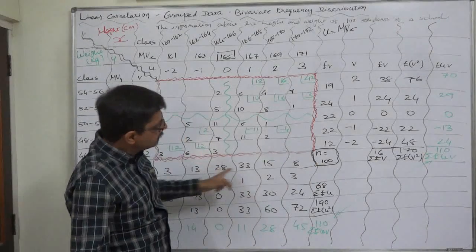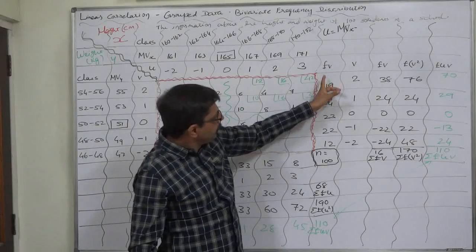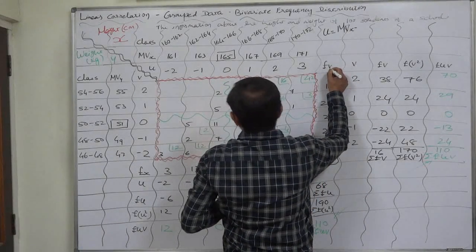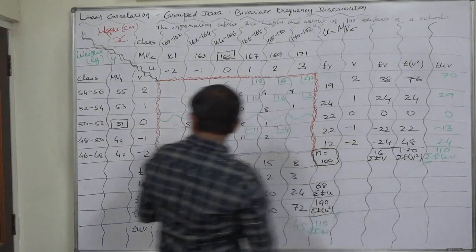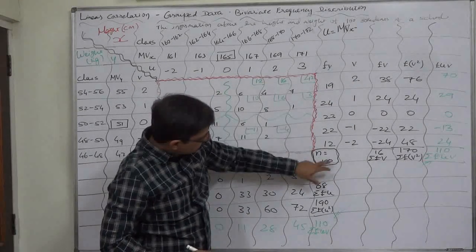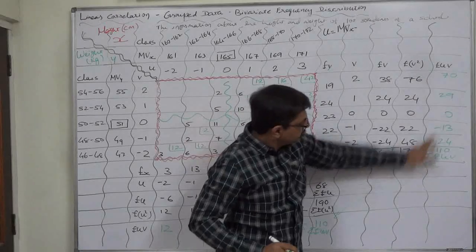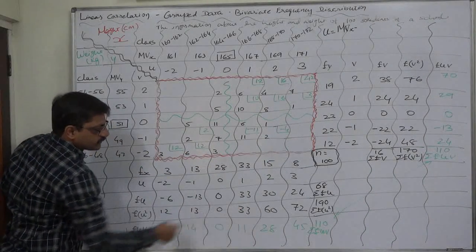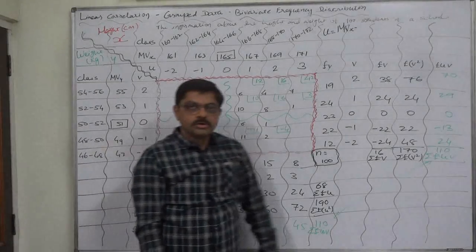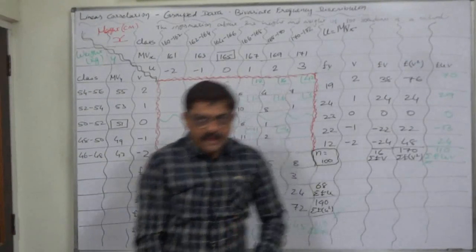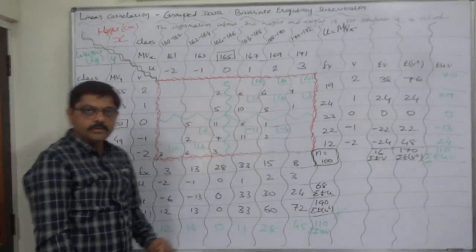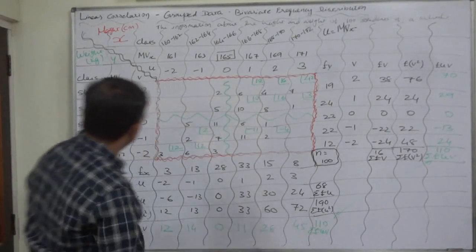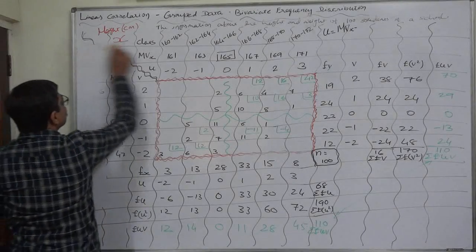F into V, this is F of V actually. So, this is a hint where there is F in the title of row or column, we have to find out the summation. Now, let us calculate the coefficient of correlation.